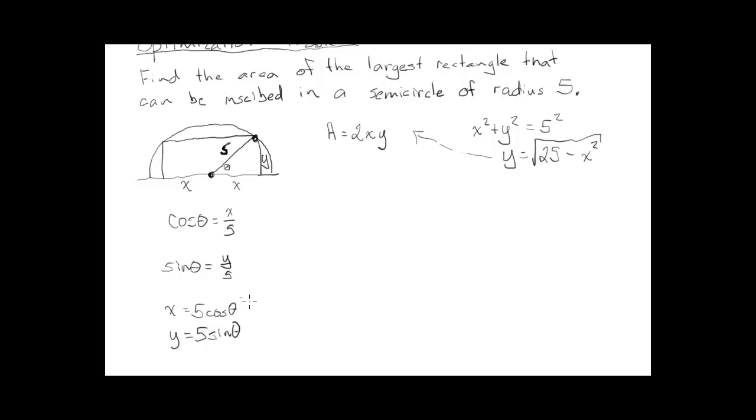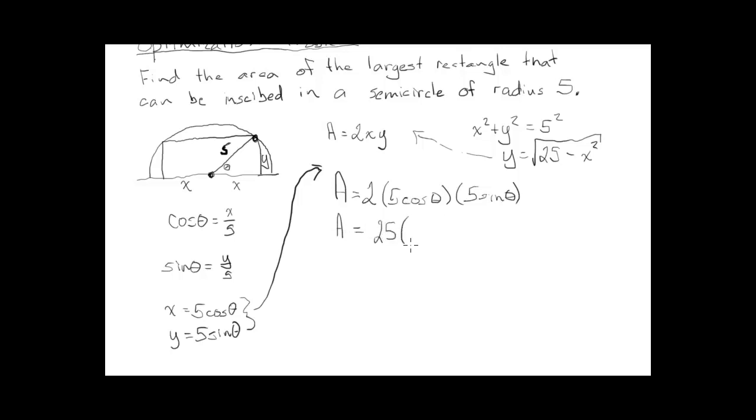So now I'm going to take both these things and sub them into this equation up here. So the area equals 2 times 5 times the cos of theta times 5 times the sine of theta. Putting that all together, the 5 times the 5 is 25.